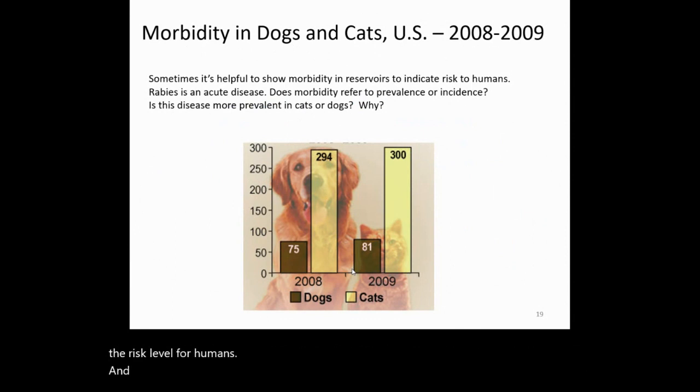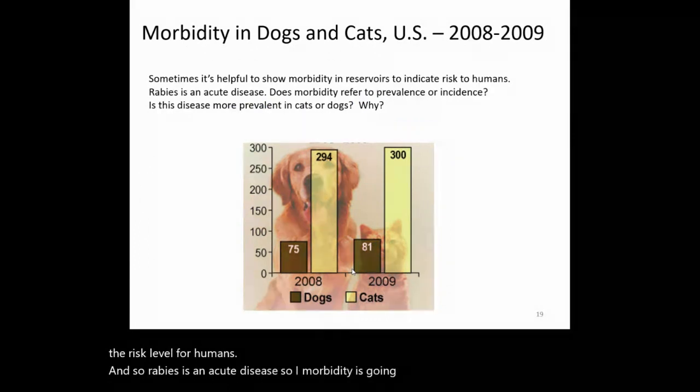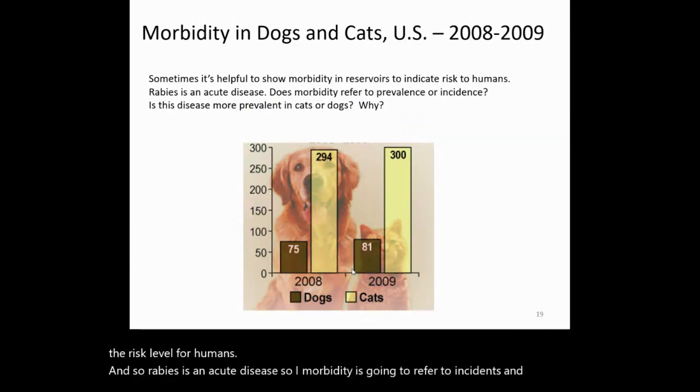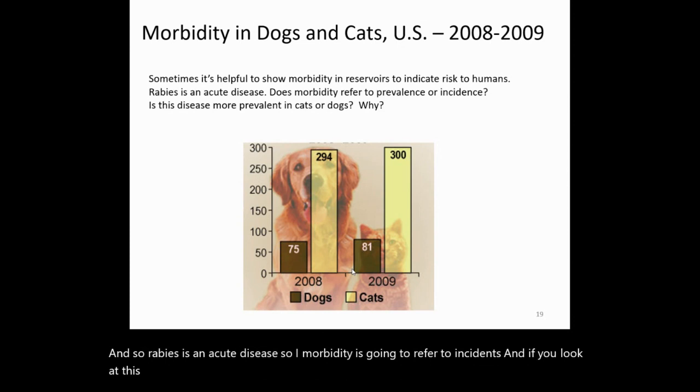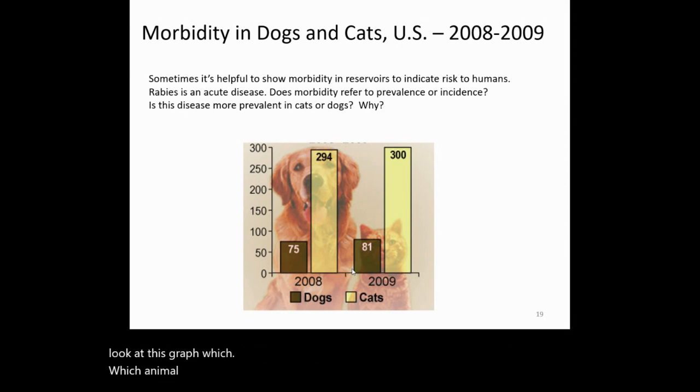And so rabies is an acute disease. Okay, so our morbidity is going to refer to incidence. And if you look at this graph, which animal is rabies more prevalent in? That is going to be cats.